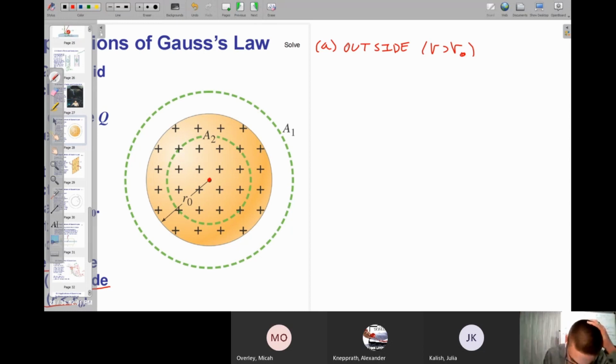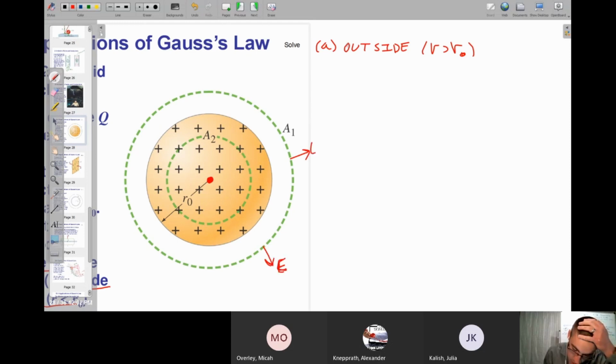That's true just by your knowledge of how symmetries work, right? If the charge is spherically symmetric inside here, then the electric field that emanates out from that source is going to be spherically symmetric as well. And so what that means is that the electric field is going to have to be pointing radially outwards.